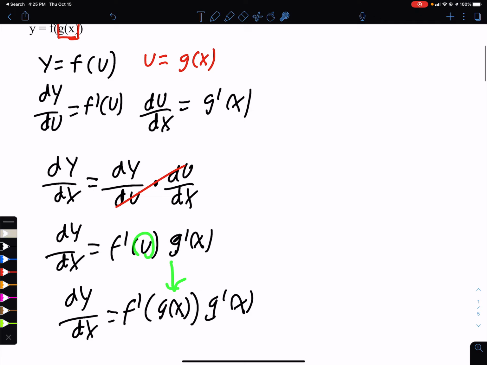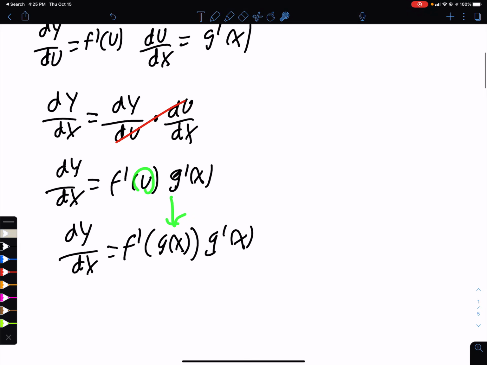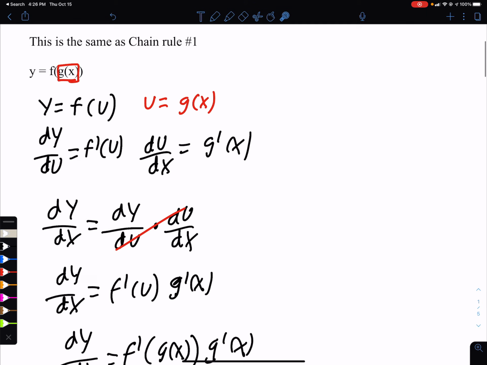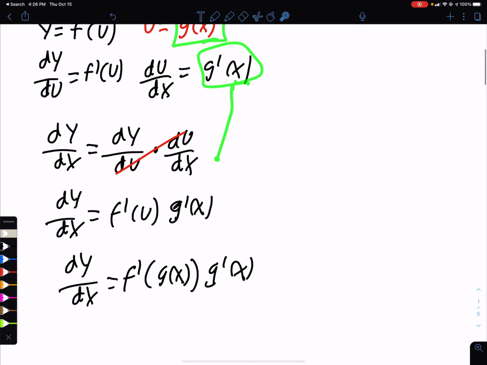So in essence, you take the derivative of the original, treating box as your x. So it's just f prime of your box. But then we always multiply, and here's our box right here. We took the derivative of a box, and the derivative of box was placed at the end. So we multiply by the derivative of box.